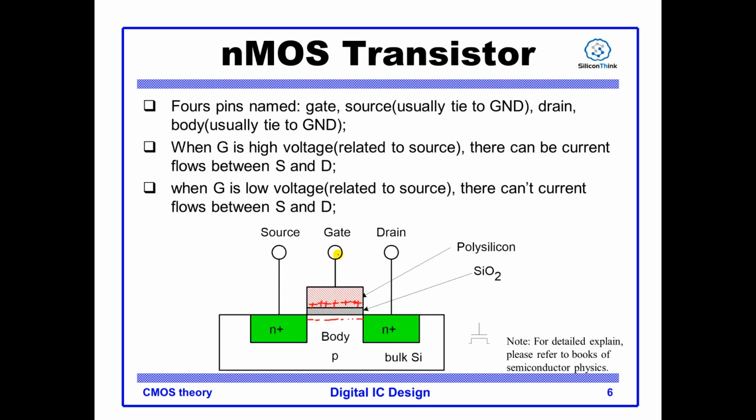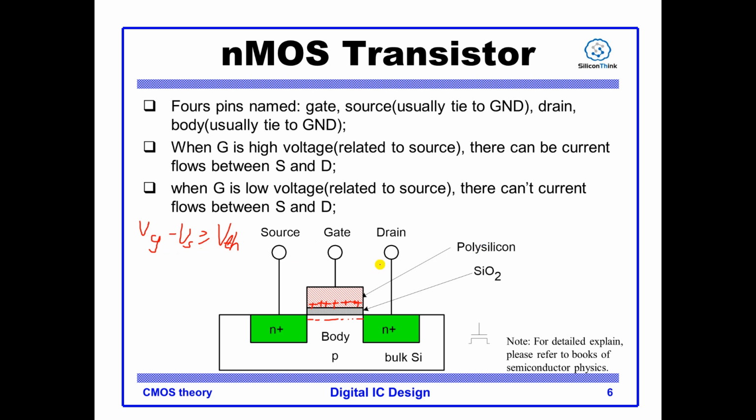So if we say clearly, the voltage difference between gate and source must be greater or equal than VTH.